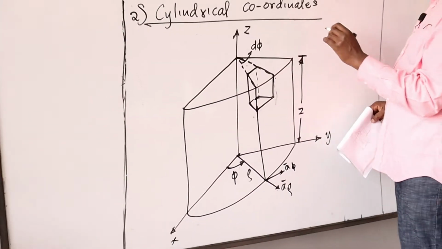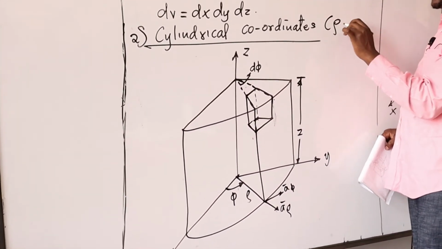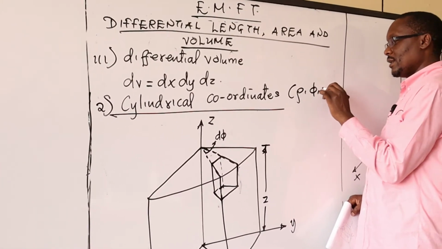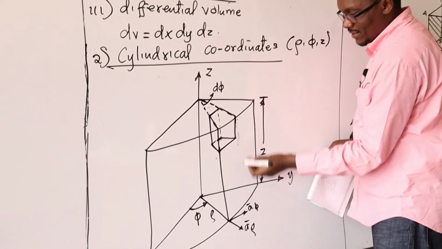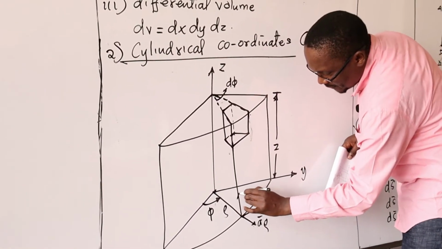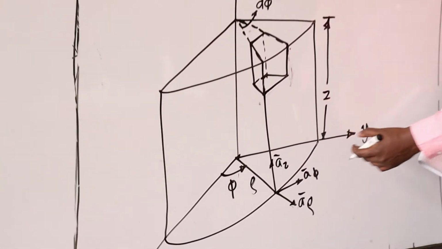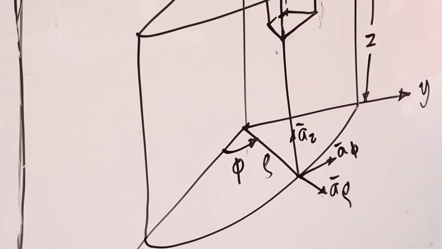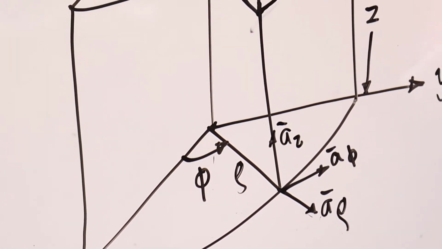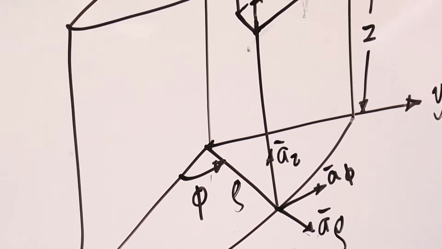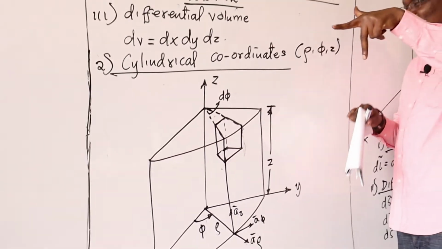Remember, in cylindrical coordinate system, we are talking of rho, phi, and what? z. So along the z-axis, we have a unit vector, which is aZ bar. All the three unit vectors are mutually perpendicular, meaning that they make an angle of 90 degrees with each other.